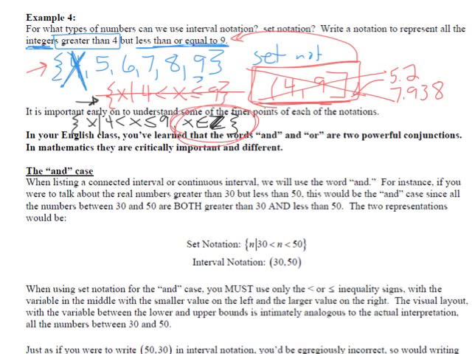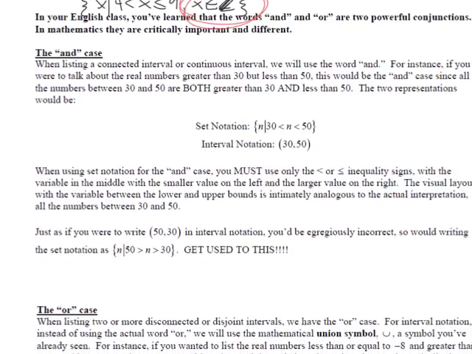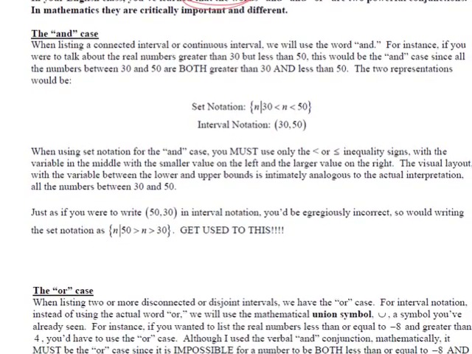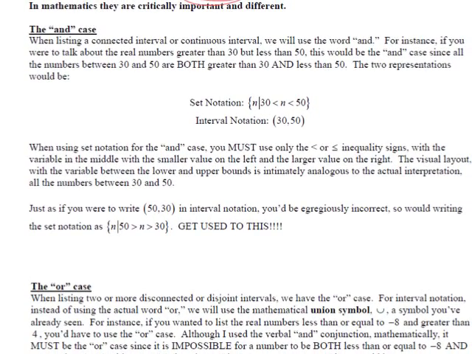Okay, very briefly, the difference between and or in math. And would be when you're saying something is both this feature and that feature. For example, the value n is both greater than 30 and less than 50.